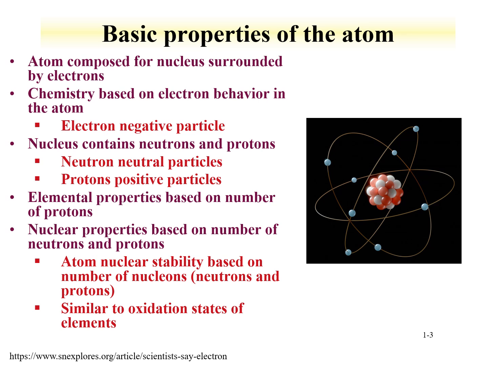As we describe an atom, it's composed of electrons that surround the nucleus. The chemistry of this atom is based upon the electron behavior. The electrons, as we know, are negative particles. The nucleus contains the bulk of the mass of the atom, and it is composed of neutral neutrons and positive protons.